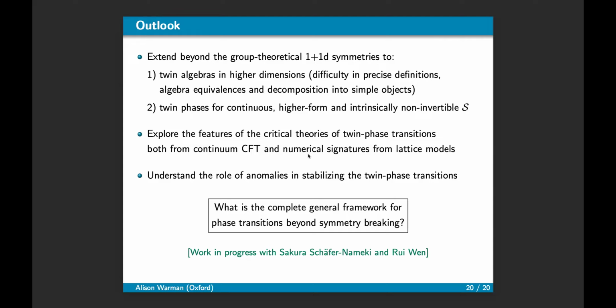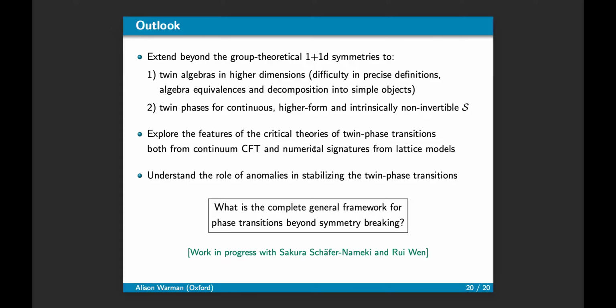Another question is analysing in more detail the numerical signatures in the lattice models, to verify that that particular lattice model that, as I said, we derived from this continuum analysis, really does describe a second order phase transition. We could expect this from the continuum analysis, but one can also substantiate it by doing numerical analysis.